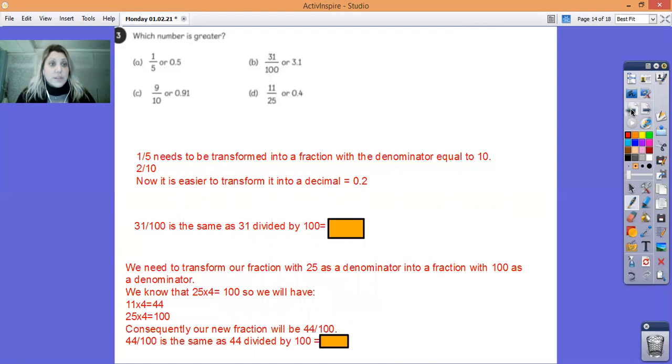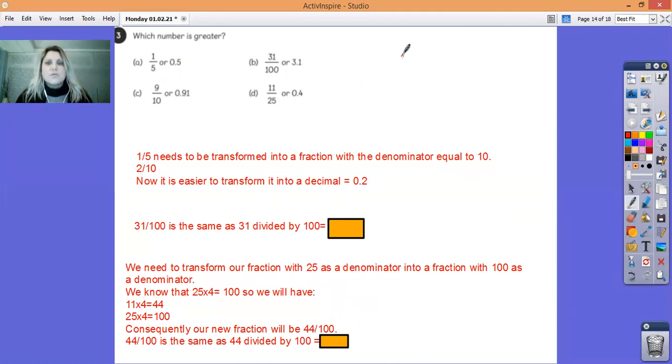Let's have a look at the second part of the guided practice. Which number is greater, 1/5 or 0.5? We need to transform 1/5 into a fraction with a denominator of 10, or a multiple of 10, to help us. Easy peasy, we can transform it into tenths. To do that, we multiply 5 by 2, which equals 10, and 1 by 2, which equals 2 tenths.